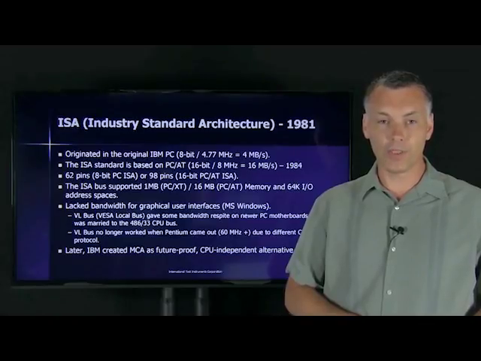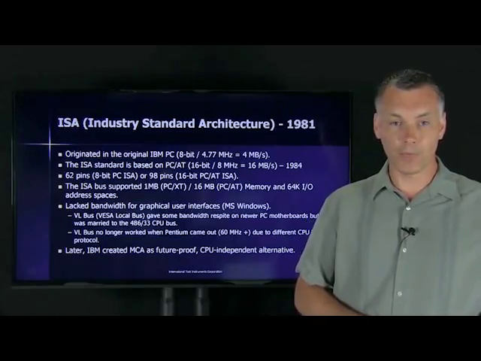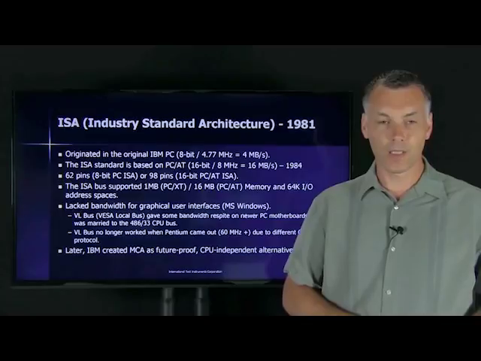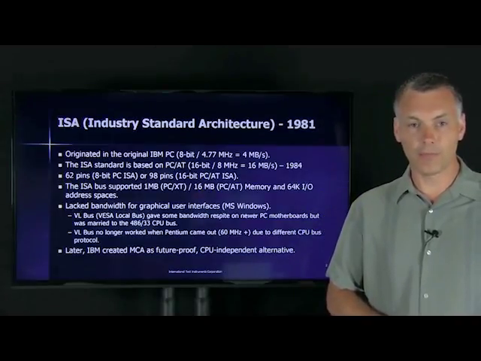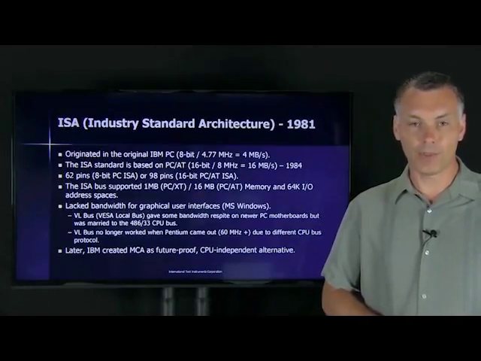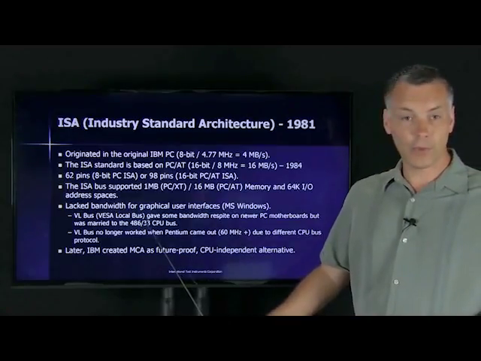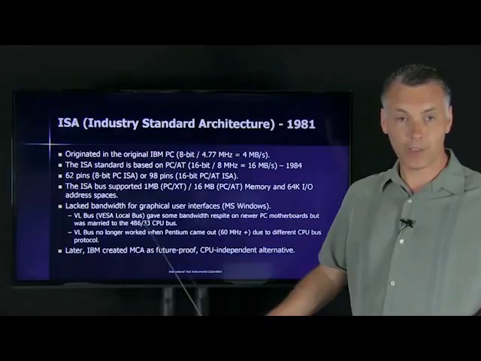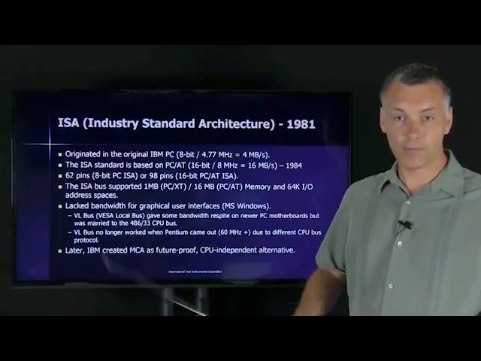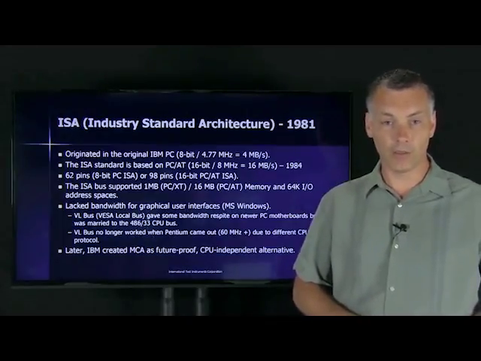And they connected it to the CPU memory bus. And because the top of the line CPU at the time was the 486 CPU running at 33 megahertz, that was the bus standard for the VL bus.